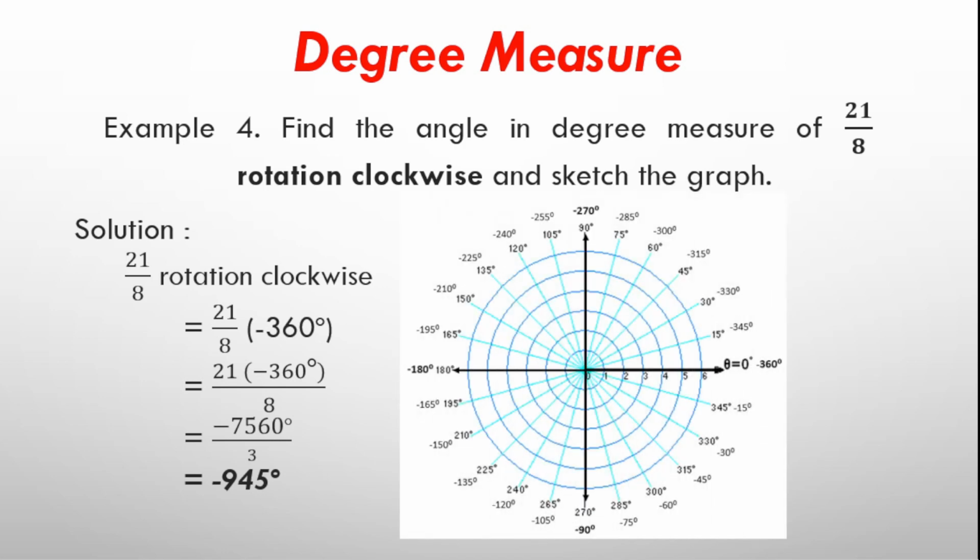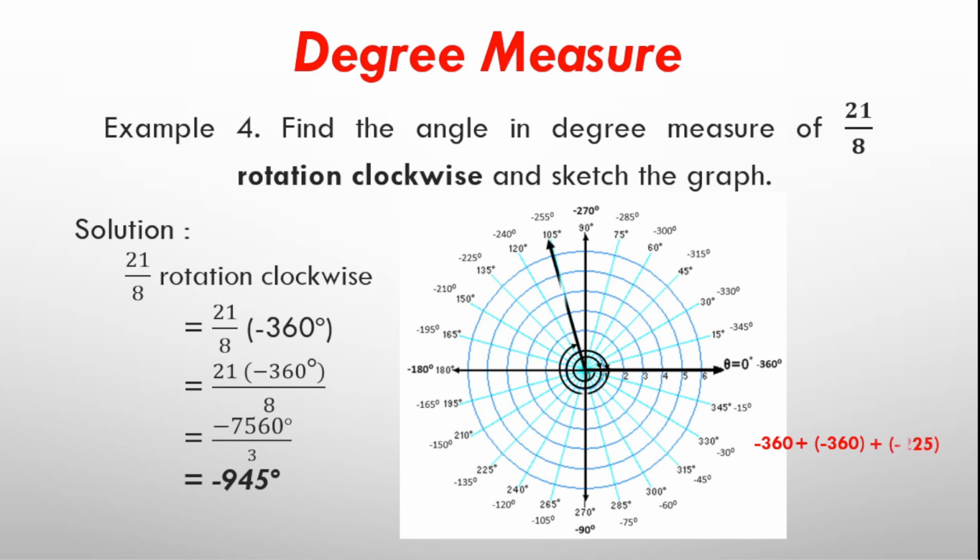As we sketch the graph of the angle, take note that negative 945 degrees has 2 full rotations clockwise. Adding negative 360 plus negative 360 degrees gives negative 720 degrees.